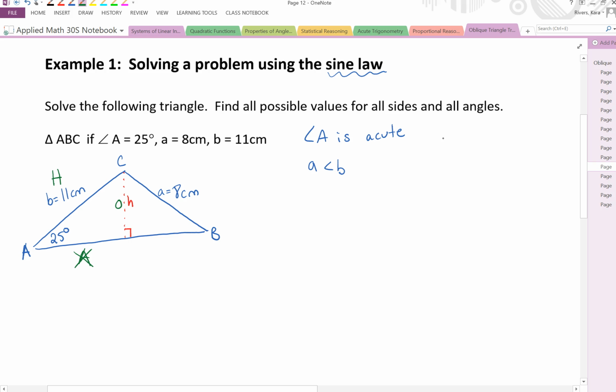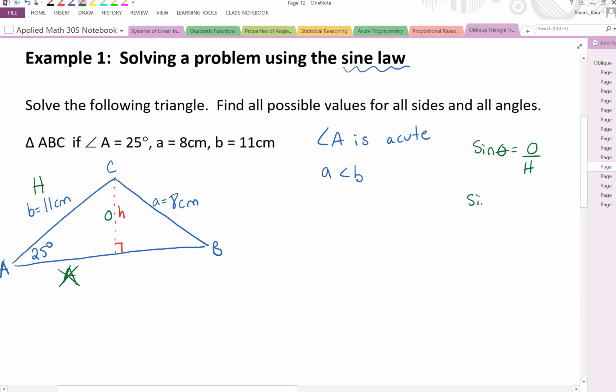So we'll do sine of theta as opposite over hypotenuse. Sine of 25 degrees is equal to that height we're looking for over 11.